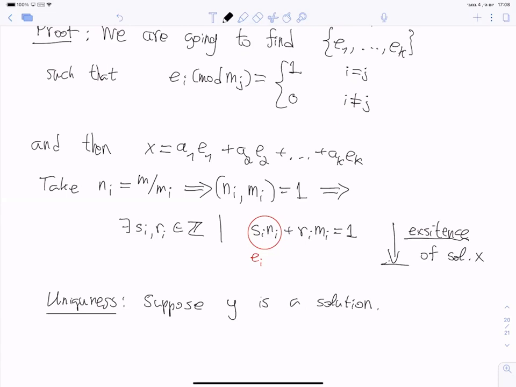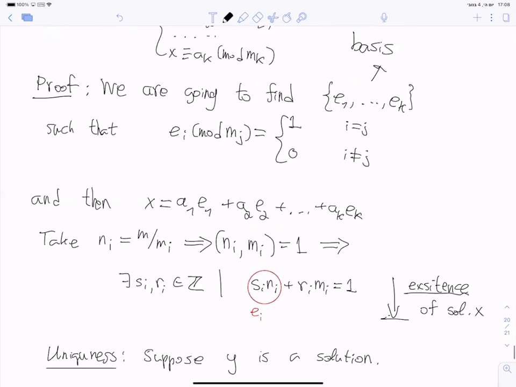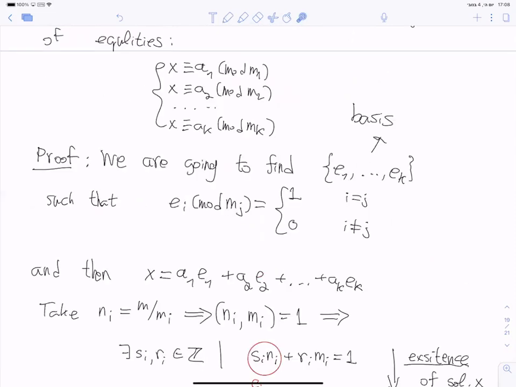So also Y satisfies this system. Each Mi divides Y minus Ai. If you take off the remainder, you get a multiple of M1, of M2, and so on.